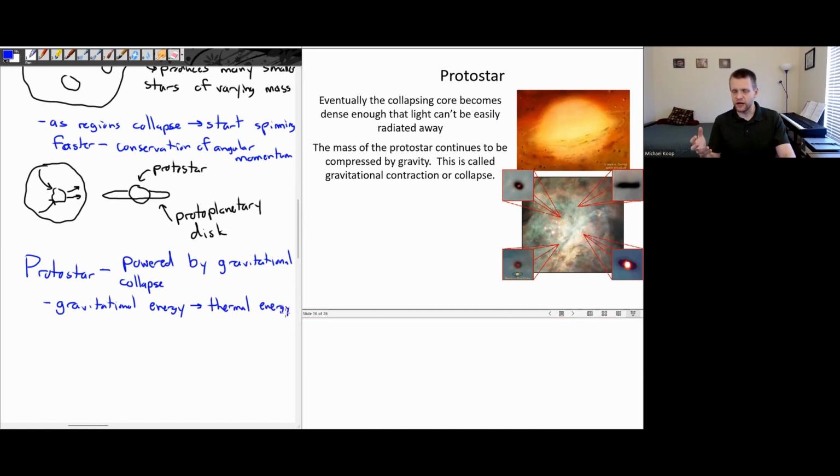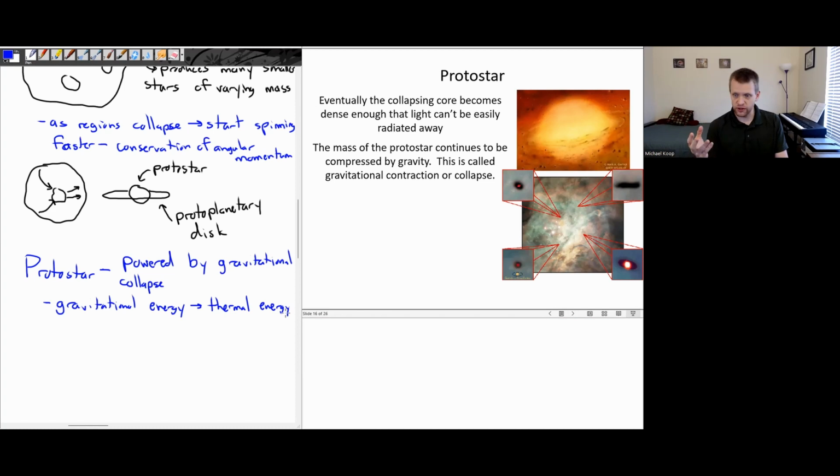For each of these different kinds of stars that we're going to be talking about in these different stages of evolution, one of the things that I do want to focus on is what is actually powering this particular star. For main sequence stars, it's the fusion of hydrogen into helium in their cores. These protostars are not undergoing fusion yet.